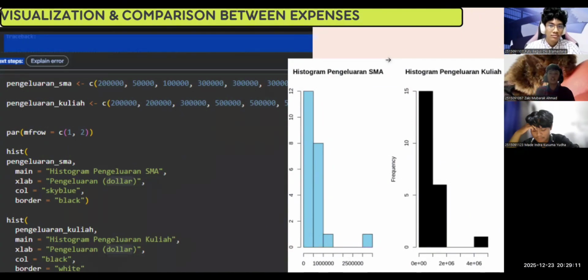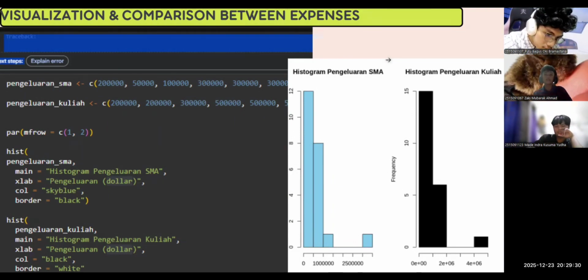After I saw the median and mode, I didn't expect that the visualization would make a big difference. But after I made the R code for the histogram, I was actually shocked that the difference is kind of similar between pengeluaran SMA and pengeluaran kuliah.